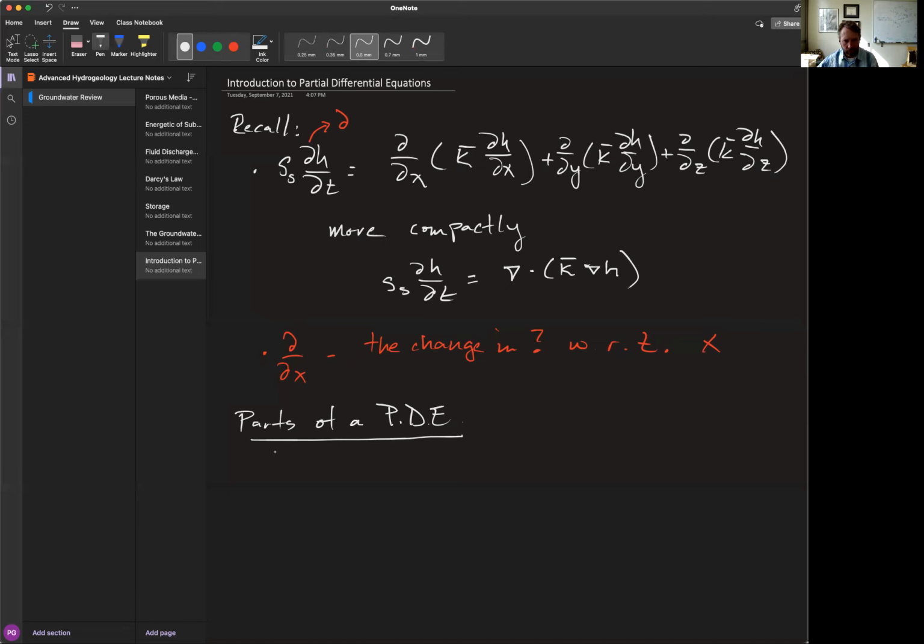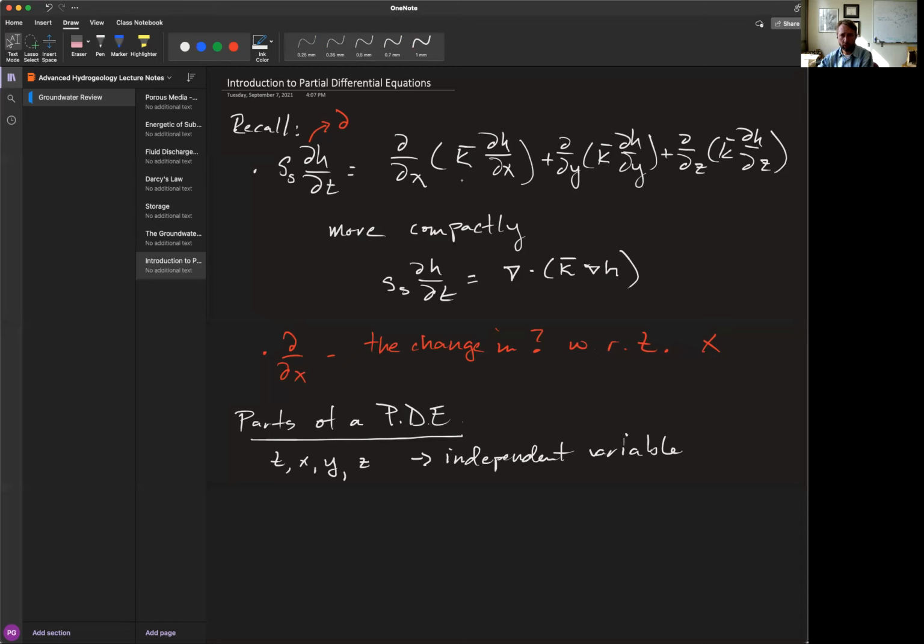So t, x, y, z, these are my independent variables. The location in space does not depend upon my x location, does not depend upon my y location.